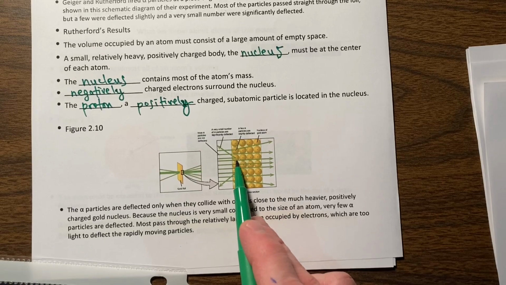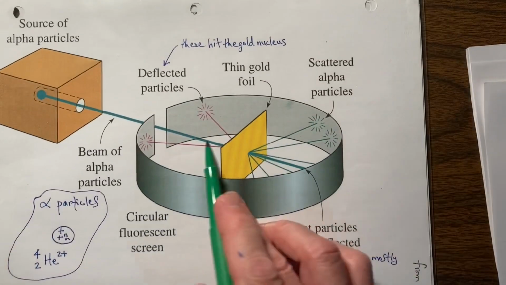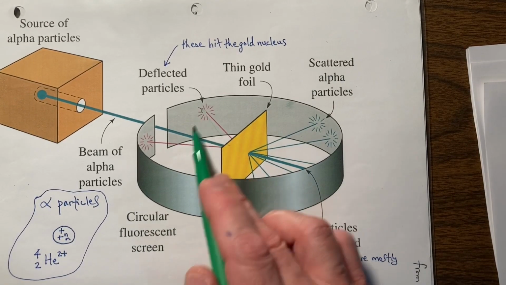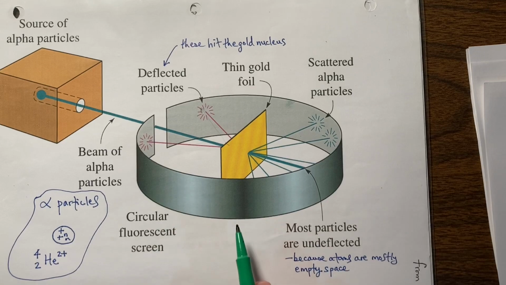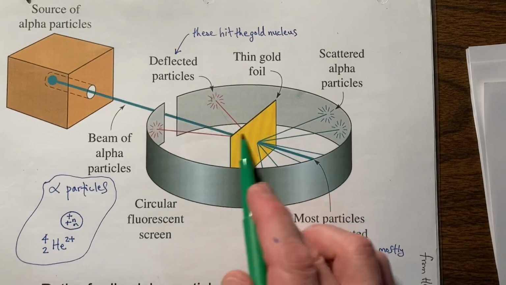But then there were these results where the alpha particles actually bounced back at the screen. Every time an alpha particle was deflected, it made a little image on this screen. It was fluorescent, like it was showing a little beam of light. This was extremely surprising.